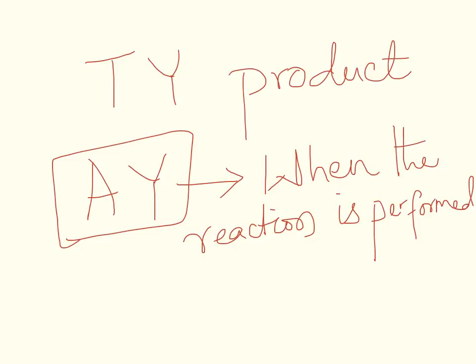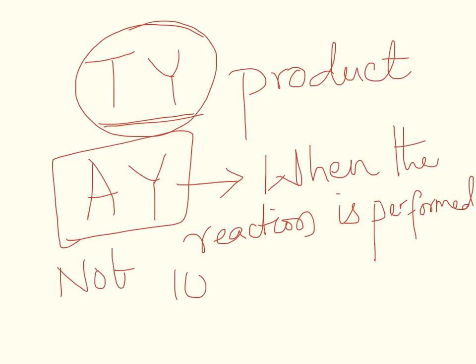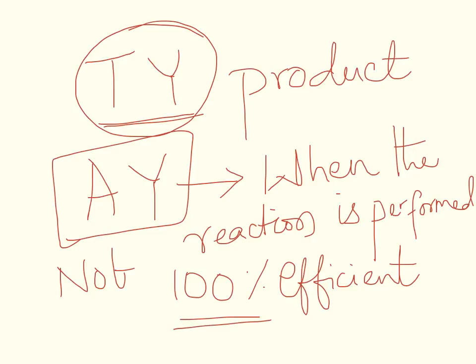So you would think that all that you calculated theoretically would be produced, but reactions, when you perform them, are not 100% efficient. There's only a certain percent of theoretical yield that will be formed.